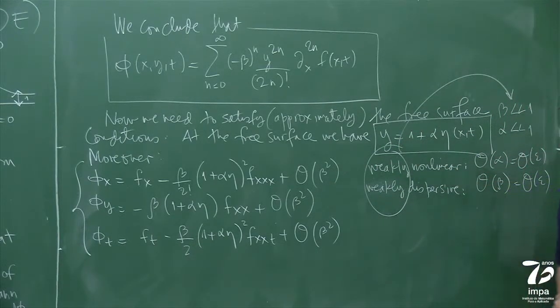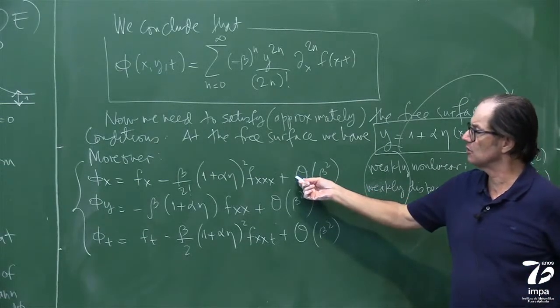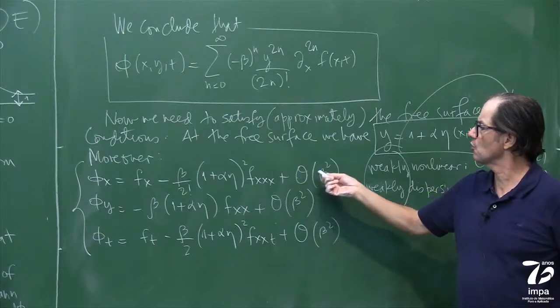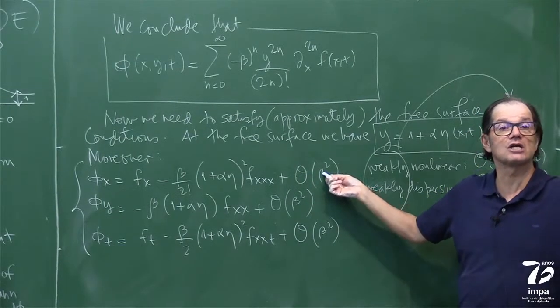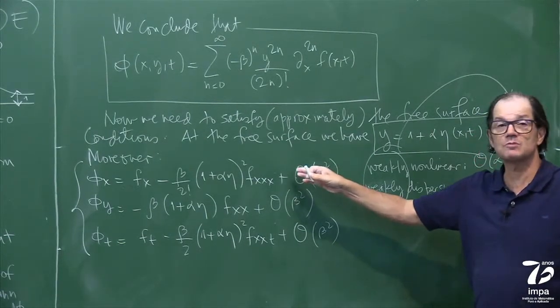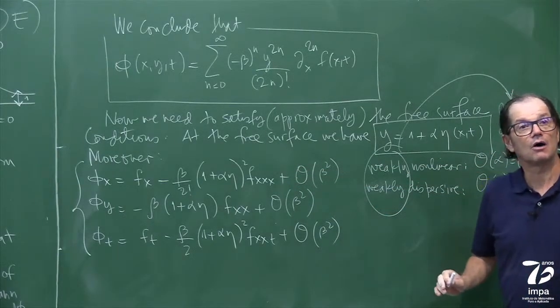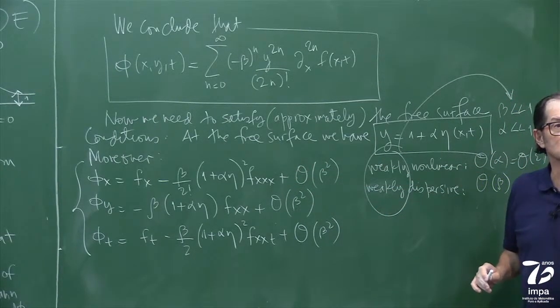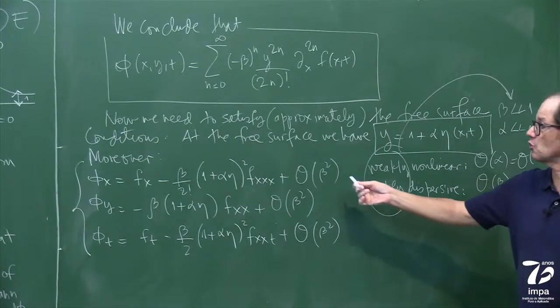Because it's weakly nonlinear, weakly dispersive. I'm going to say the same thing in other words. That means I'm going to get the first contribution in alpha and the first contribution in beta. That's why here, when I write this order beta squared in the notation of asymptotics, this means the whole tail of the power series expansion. It's a short way of writing.